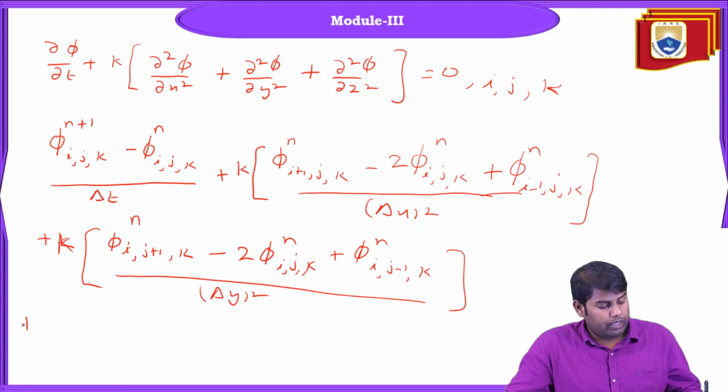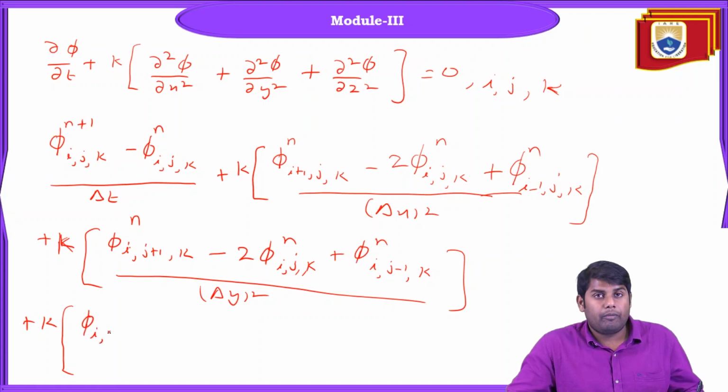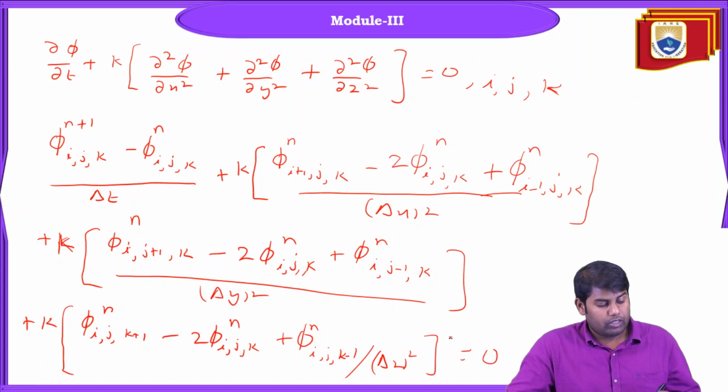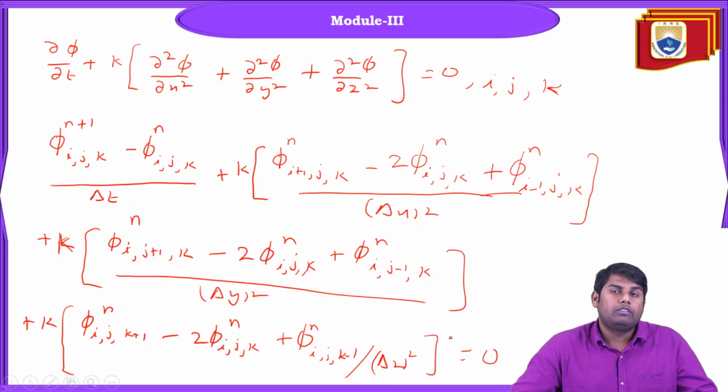Next plus k into, we have the third term, which is phi of i, j, k plus 1 to the power of n minus 2 phi of i, j, k to the power of n plus phi of i, j, k minus 1, divided by delta z square is equal to 0. So this is what we have for the three-dimensional point of view.